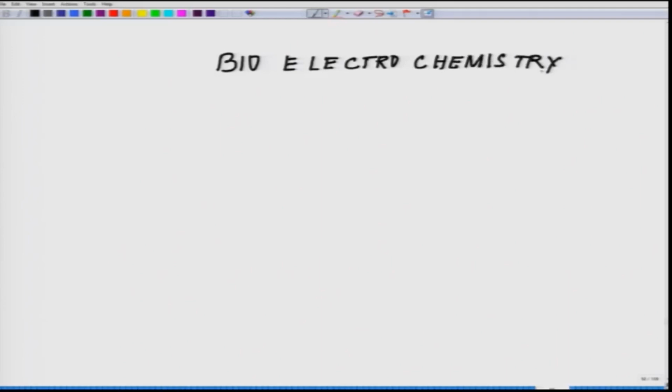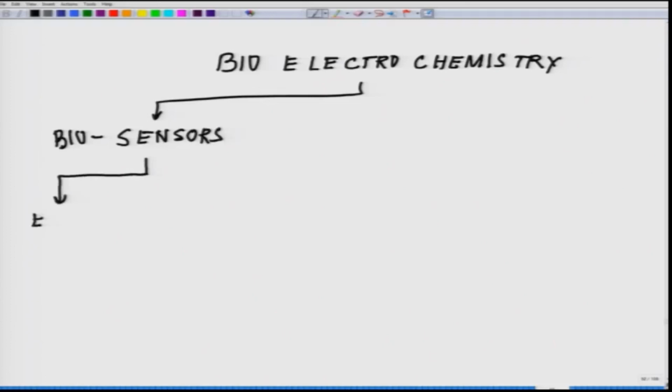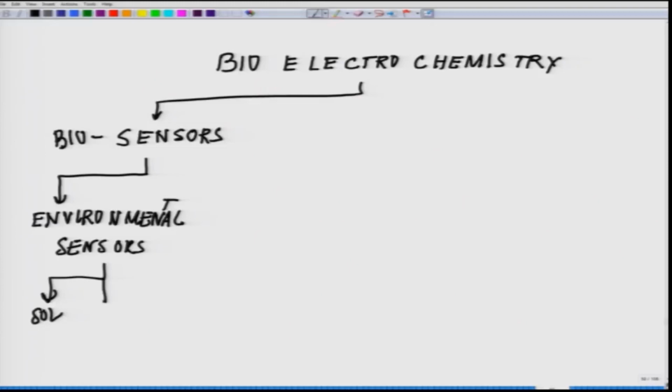Bioelectrochemistry. One of the potential areas is biosensors. Biosensors could be further divided into environmental sensors, it could be soil, water, as well as air.